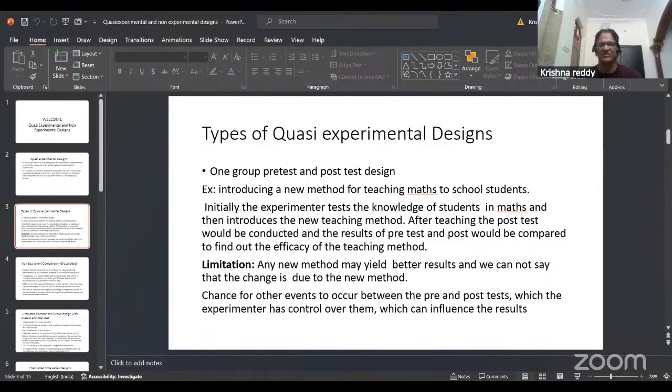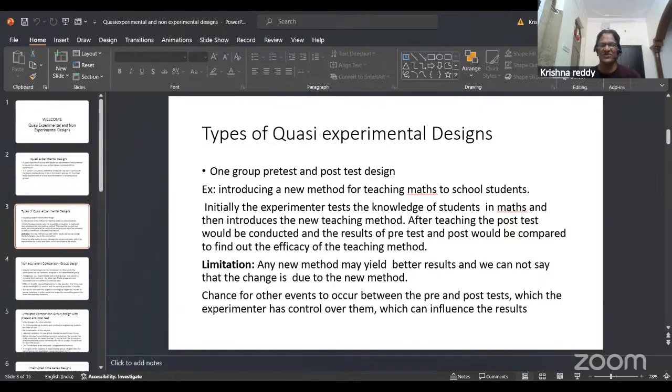The limitation is that any new method may yield better results, and we cannot say that the change is due to the new method only. Whenever there is a new thing, am I right? People are interested and curious to know about it. It may be a new thing, a new method, new gadgets, new devices. Whenever we talk about all these new gadgets and new methods, automatically the motivation level of the students would be a little bit higher than what it was earlier.